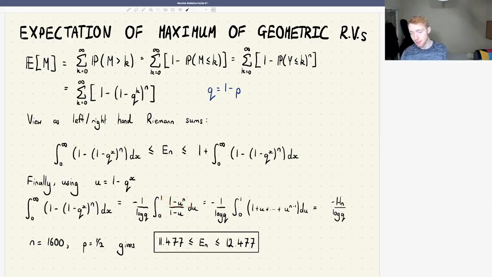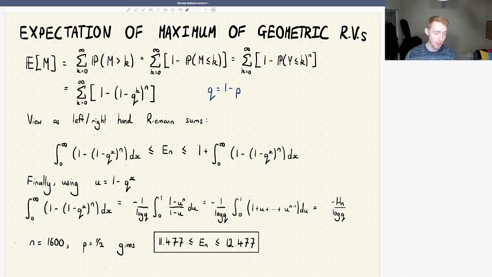And these are all very easy to integrate. We're going to get a 1 here, a half here, a third, a fourth, etc., all the way up to 1 over n, which is simply the nth harmonic number. So a harmonic number being the sum of the reciprocals of the first n natural numbers. And we also have this factor of minus 1 over log of q.